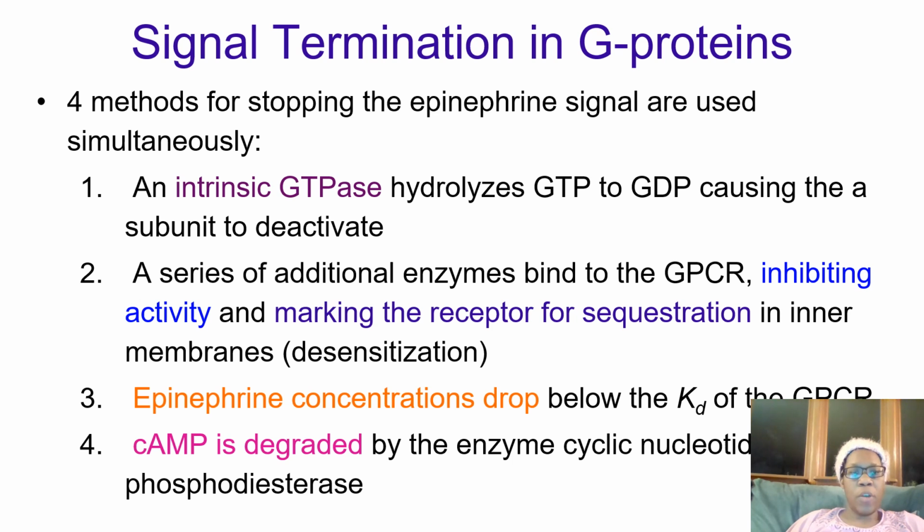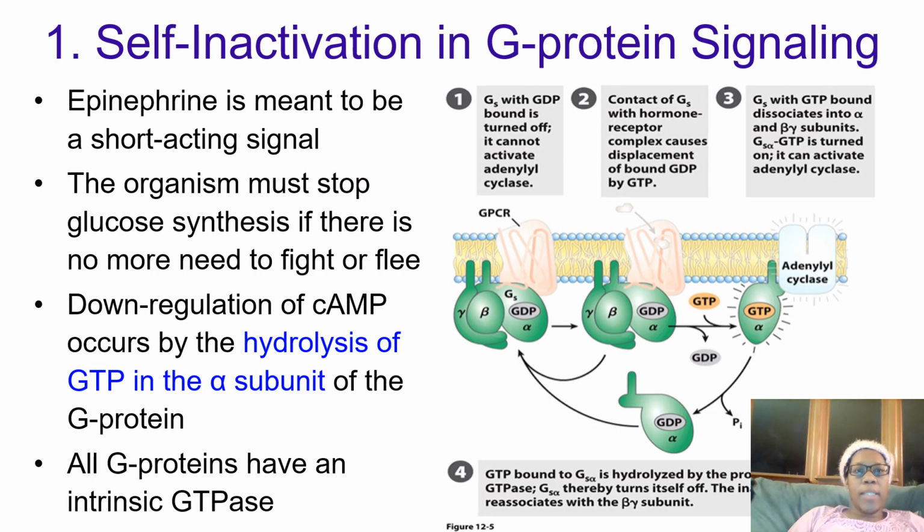We will look in further detail at method 1 as well as method 2. Let's look at self-inactivation in G protein signaling. Epinephrine is only meant to be a short-acting signal. The organism must stop glucose synthesis if there is no more need to fight or flee.